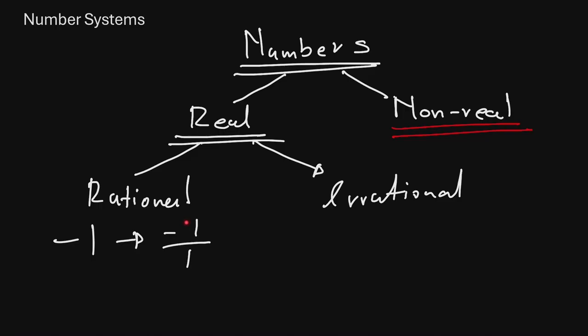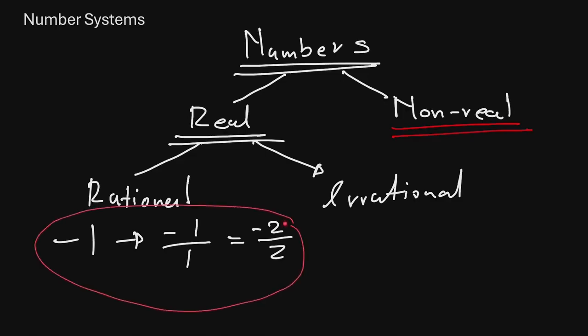So do you see that even the positive and negative whole numbers are considered to be rational numbers because they can be written as a fraction. Another way in which you can write this -1, you can say -2 divided by 2. That will also give you -1. So this clearly indicates that positive and negative whole numbers can also be rational numbers. That means they can be written as a fraction.